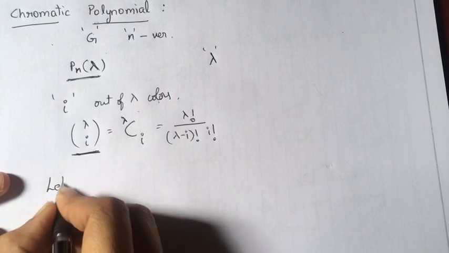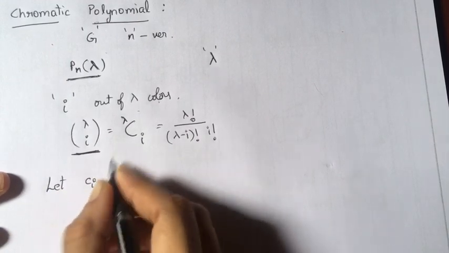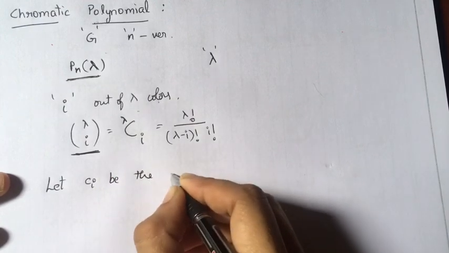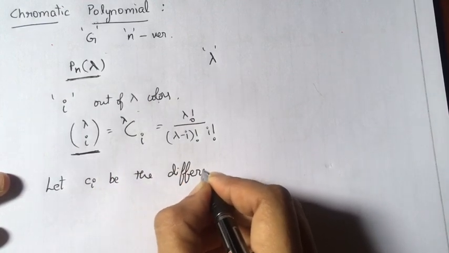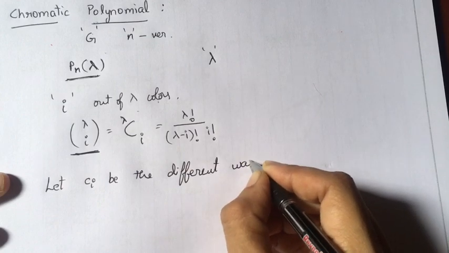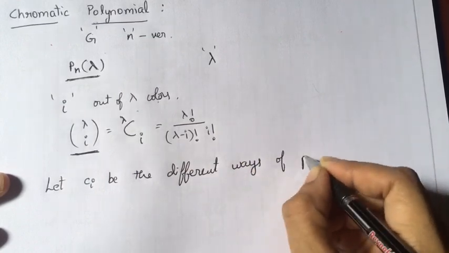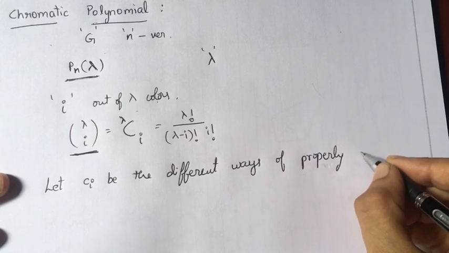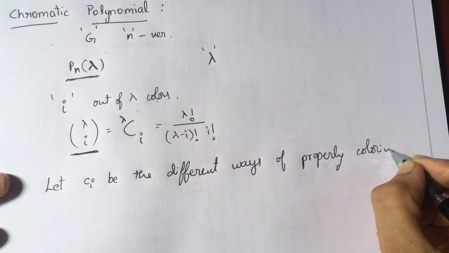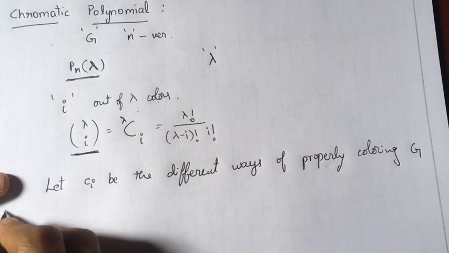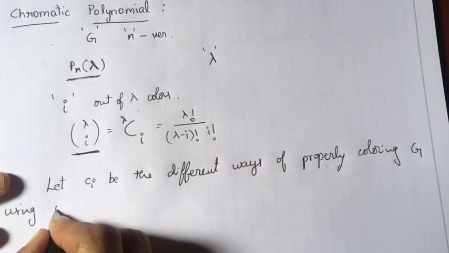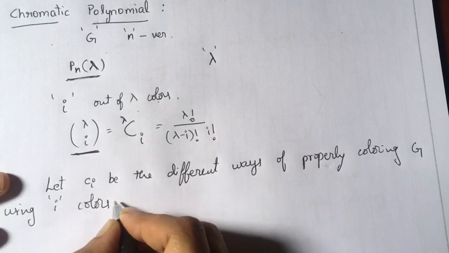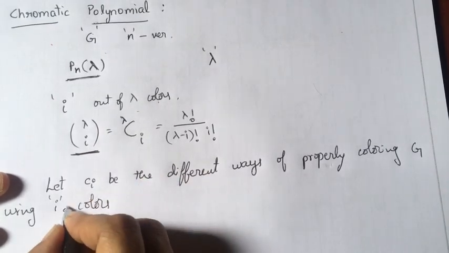Let Ci, this is a different Ci, let Ci be the number of different ways of properly coloring G using exactly i different colors.